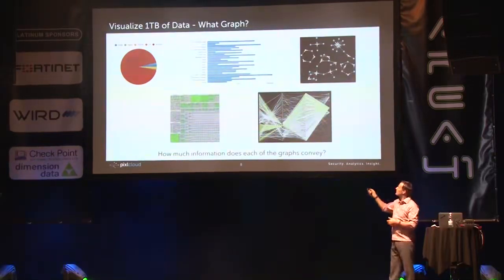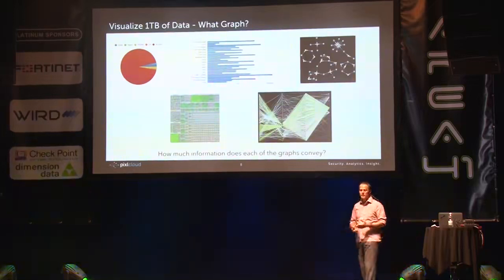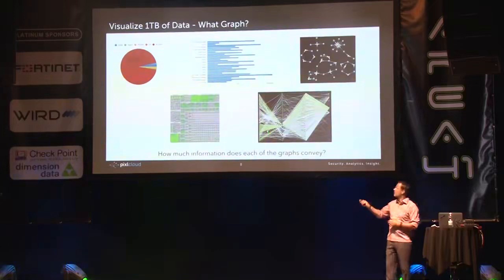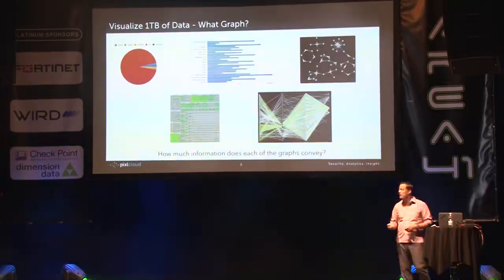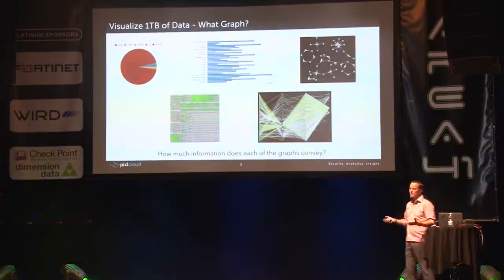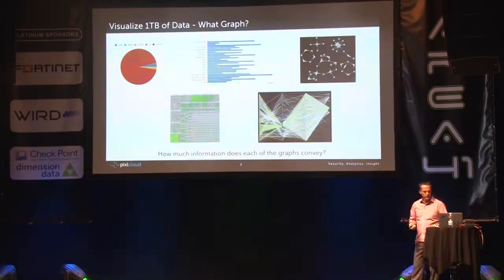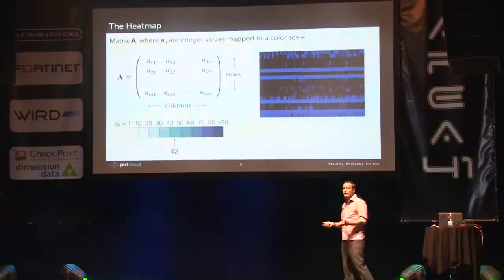But if you look, this is already pretty messy. If I throw 1 million, 2 million events in here, it's actually going to get really hard to even render this thing in due time if you don't optimize nicely. So if you look at how much information is actually conveyed by each of these graphs, this one here might probably win. Well, I'm going to suggest we use something that is called a heat map.